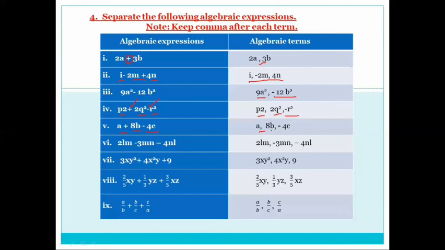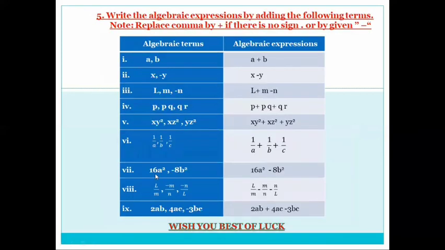Here, 2lm, minus 3mn, minus 4nl. In the same way, you only have to place the comma: 2lm comma, 3mn comma, minus 4nl comma. No need for plus, but minus is important to place for each term.